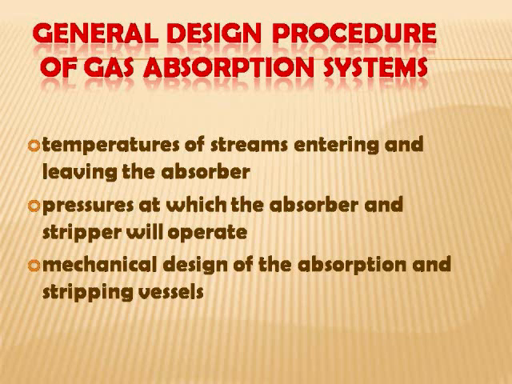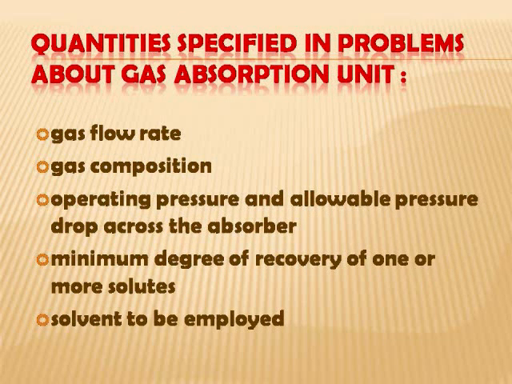Before we discuss those factors in detail, here are some of the quantities that are usually specified in problems presented to the designer of a gas absorption unit. First, we have the gas flow rate. Then, we have the gas composition, which is at least with respect to the component or components to be absorbed. The operating pressure and allowable pressure drop across the absorber.